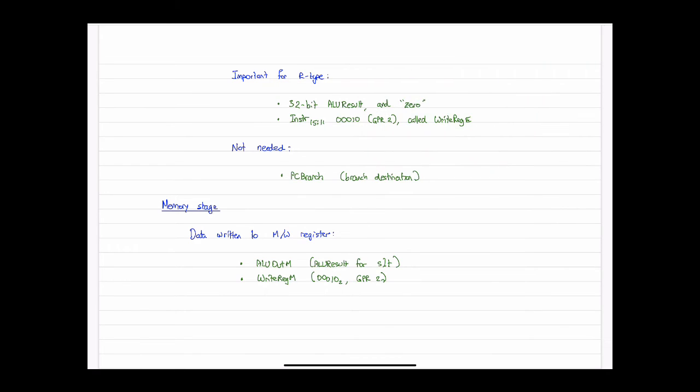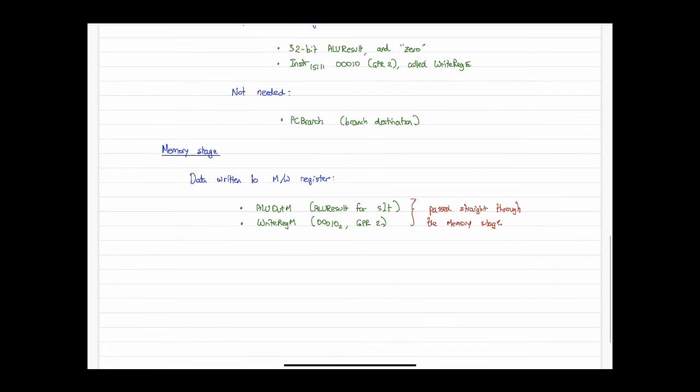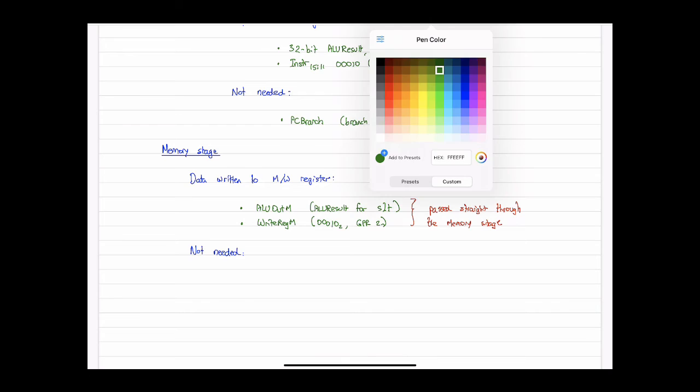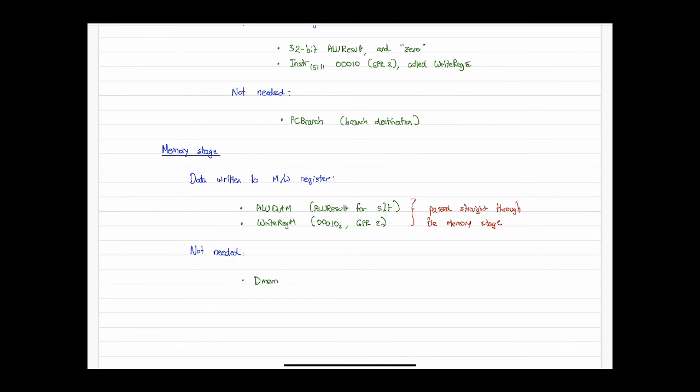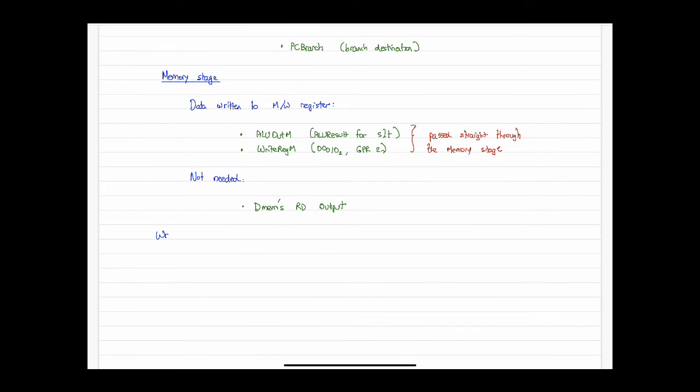The memory stage does not touch either of those, just passes them straight through. And again, extra information not needed for R-type instructions. The memory is read anyway, so its result goes into the pipeline register, but we're not using it.